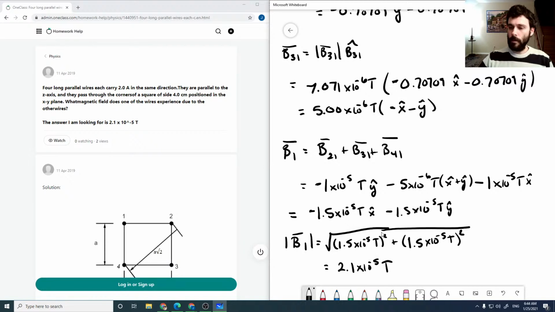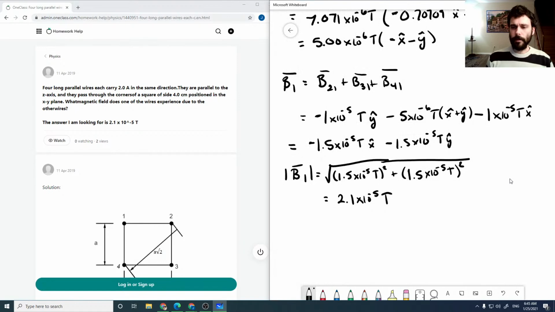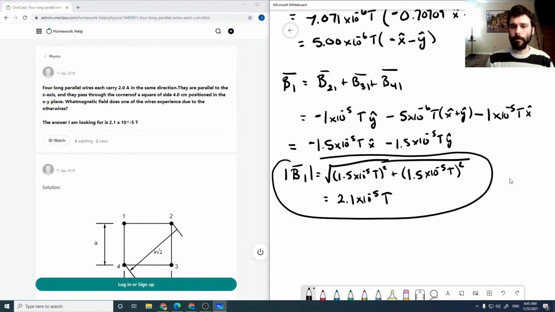And so then there's our B field at that one due to the other wires. And because of the symmetry, the magnitude would be the same, although the directionality would be a little different. So for all the other wires, there's our total B field.